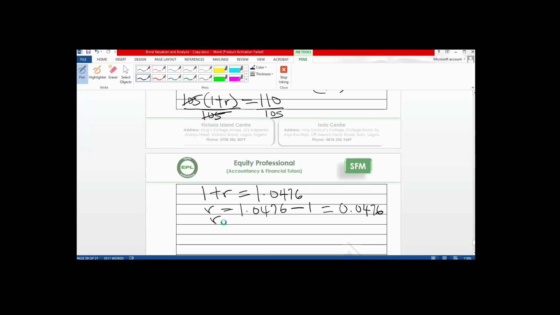In percentage, R is equal to 4.76%. Is that clear, sirs? That is your R in year 1. The spot rate for year 1 is equal to 4.76%.